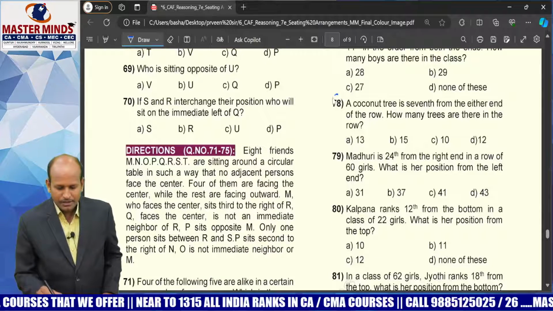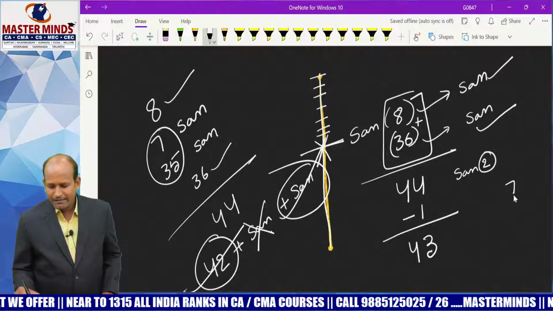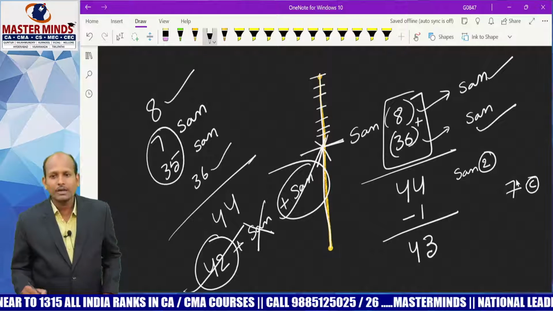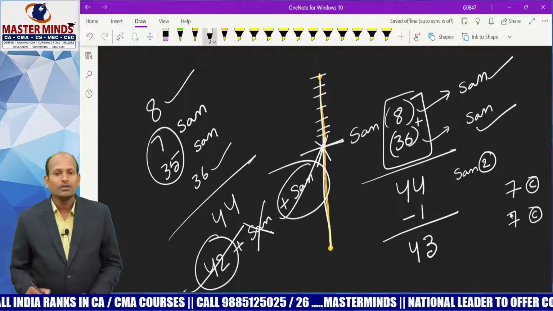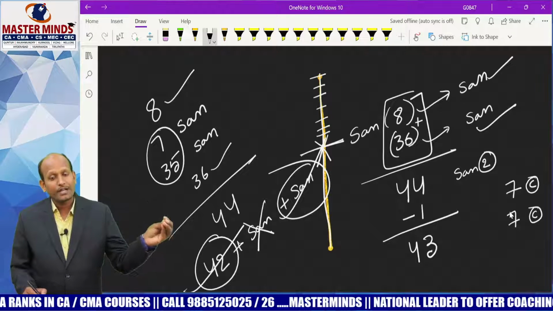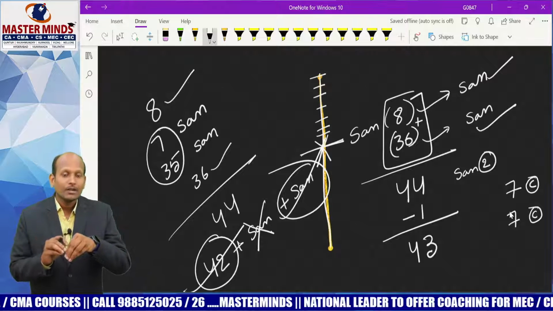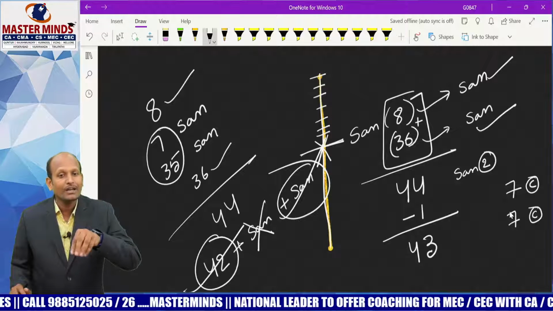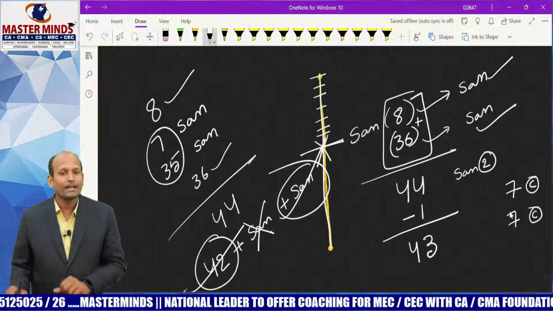In the same way, it is the same thing. A coconut tree is 7th from either end. It is 7th from one end, which means in this 7 we have already included that coconut tree. Again it is 7th from the other side also. From the left end it is 7th, and from the right end it is 7th. The same coconut tree is included in the count of 7 from the right also.